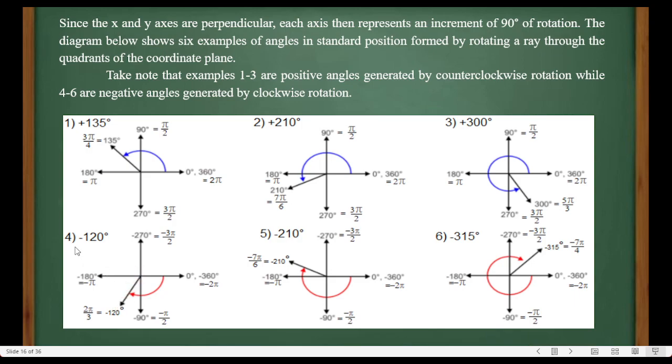So in figure 4, we have negative 120 degrees, or in radian, which is negative 2 pi over 3. Actually, this is negative, not positive. Now, for number 5, the angle produced is negative 210 degrees, or negative 7 pi over 6. And the last angle is generated having an amount of rotation or measure of negative 315 degrees, or in radian, that is negative 7 pi over 4.